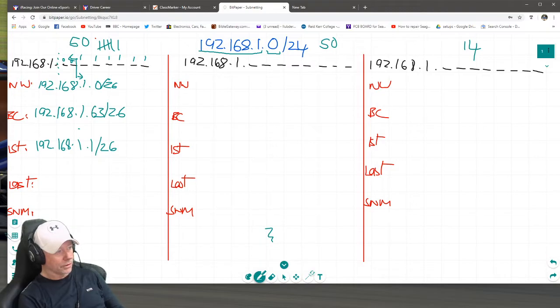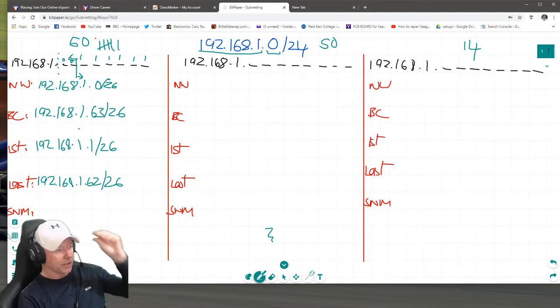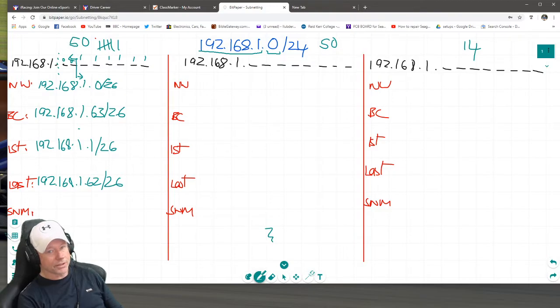The broadcast address is 63, so the last usable IP address is 62 then, isn't it? So it's 192.168.1.62/26. Now that means our first network, right? We have an address space of 62. We can assign 62 computers with unique IP addresses in this setup, okay? Is that right?